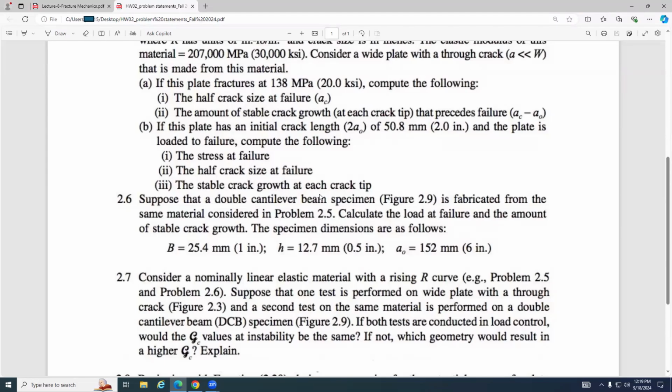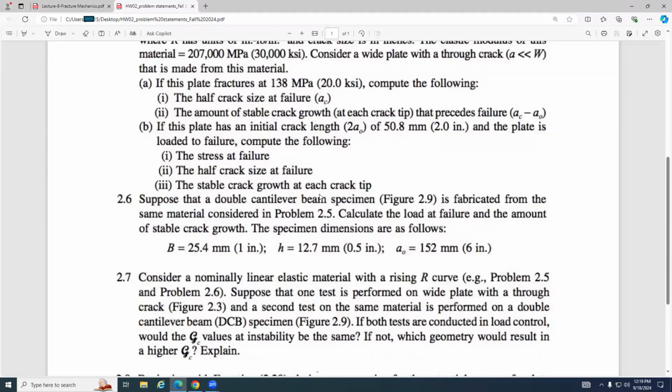Problem 2.6 says, suppose that a double cantilever beam with a crack on the edge is fabricated from the same material. Same material means that the R curve, the resistance curve, is the same. Calculate the load at failure and the amount of stable crack growth. The specimen dimensions are given as follows.